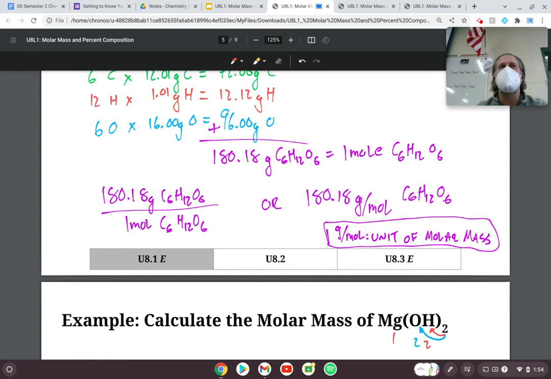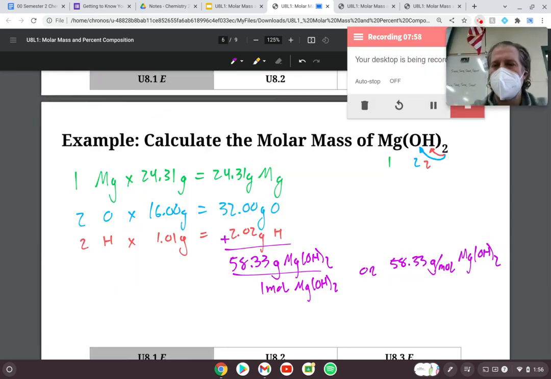Since you all think you're pretty good at this, you want to race? Ready? Set. Calculate the molar mass. Go. Show your work. I know some of you beat me.